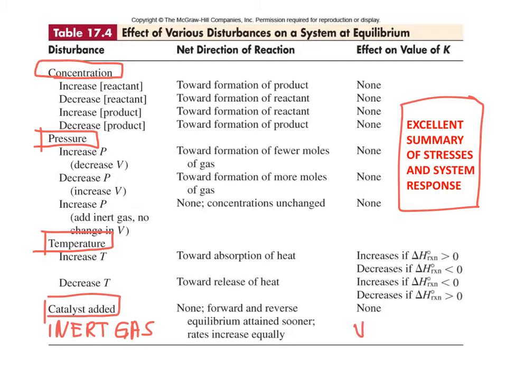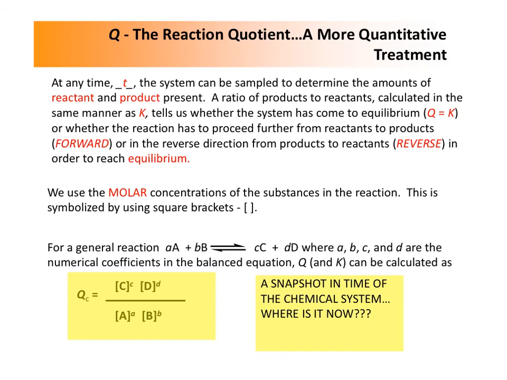So this is kind of a tricky one that sometimes shows up on the College Board or the AP. So the addition of an inert gas to a gaseous system, if it's not involved in the equilibrium, has no effect. Okay, so this is a very good chart to go back and reference, especially as we go through a lot of the practice problems that are coming up.